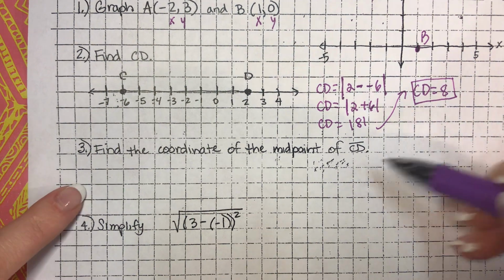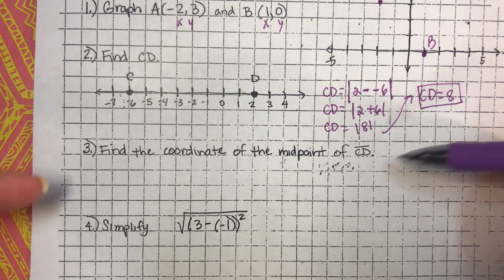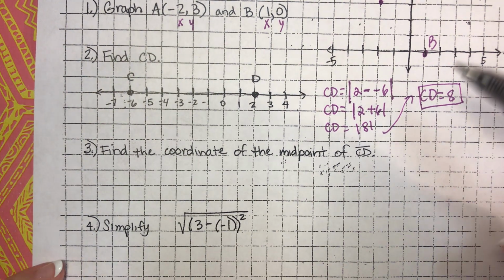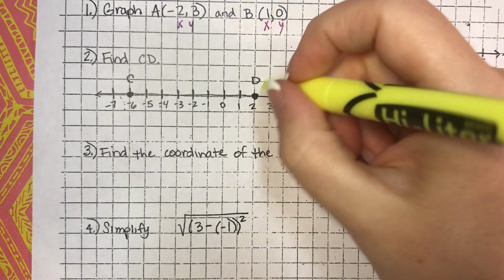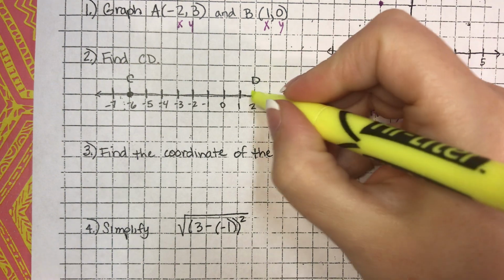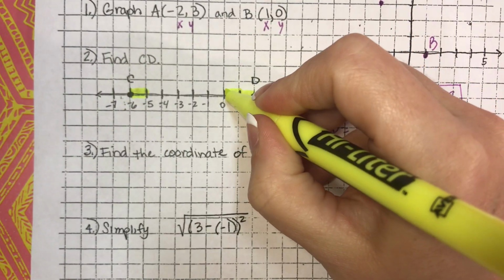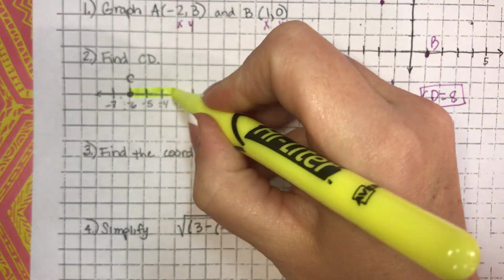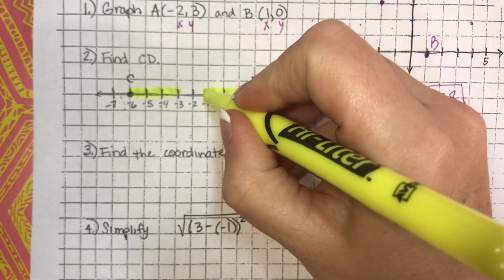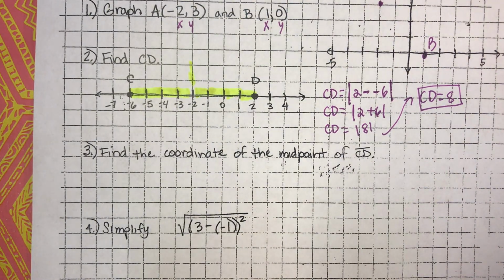All right, perfect. We're going to find the midpoint of CD now. Instead of using a formula, we're just going to do this old school. We have to find the point in the middle, so I'm going to take one from this side, one from that side, another from that side, another from this side, and another, and there we are right there at -2.